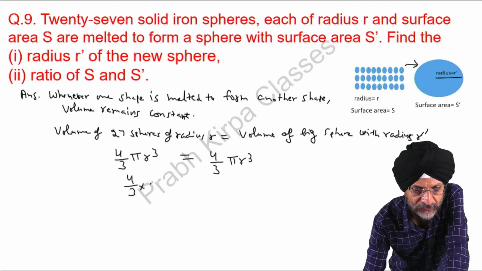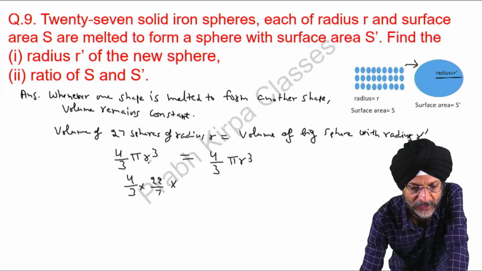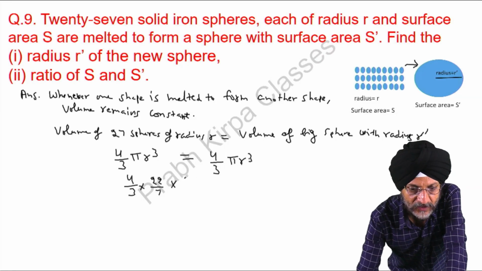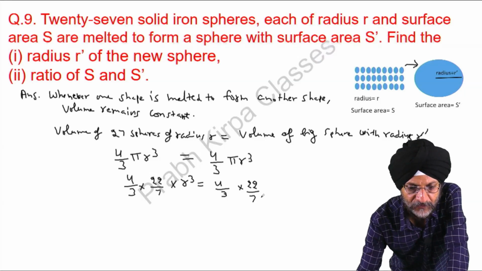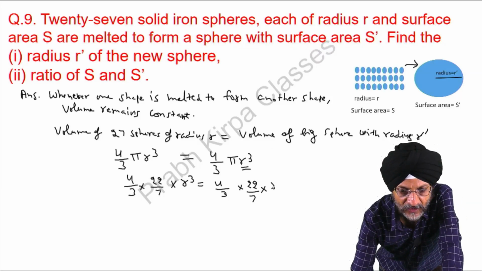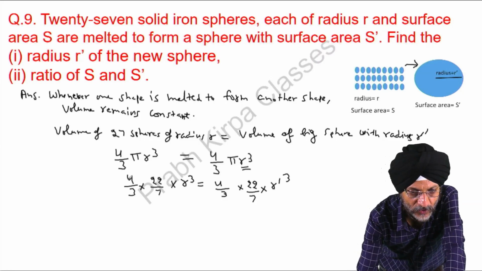4 over 3, 22 over 7, into what is the value of r in case of radius r? It is r. So we will use it as it is. 4 over 3, 22 over 7. What is the value of radius in case of the big sphere? It is r dash power 3. So now this is equal to this.